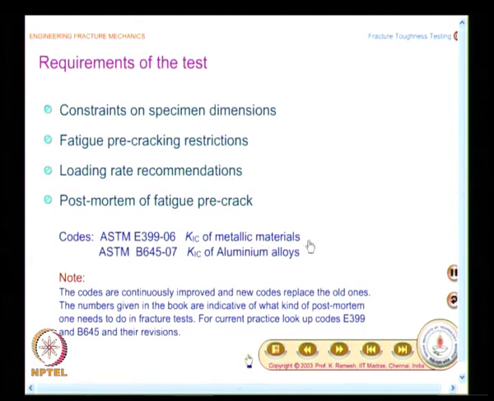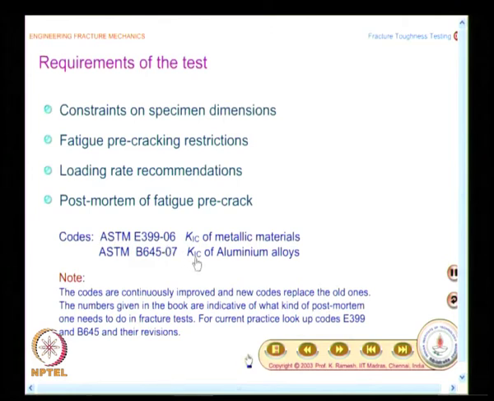And there is also a practice associated with this, where people make certain modifications, and you have for aluminum alloys an ASTM standard practice B645 reported in 2007.